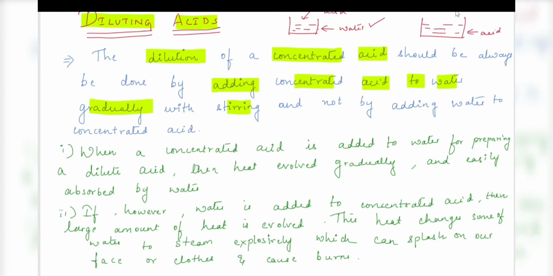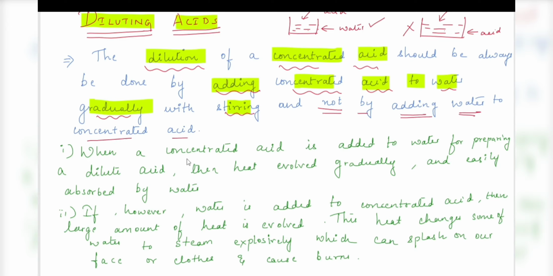You should never take the acid and add water into it. So always the dilution of the concentrated acid should be done by adding the concentrated acid to the water, gradually, by stirring it, not by adding water to the acid. We have to know the reason for this.